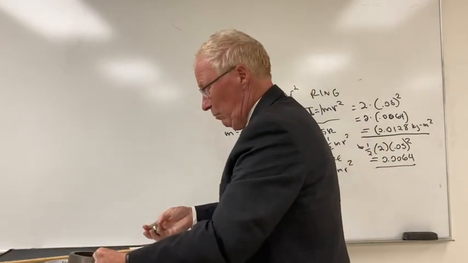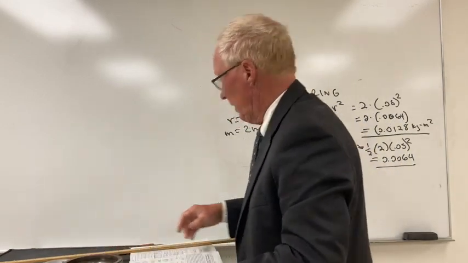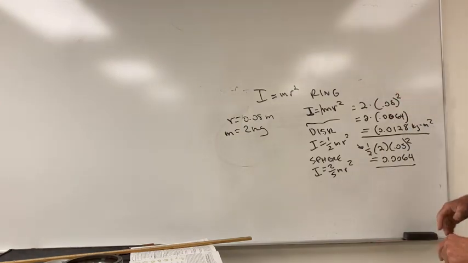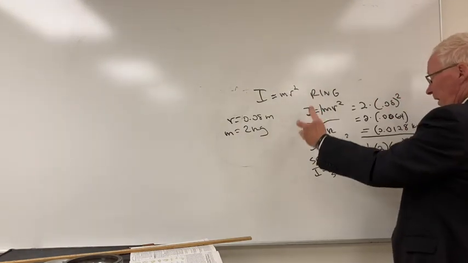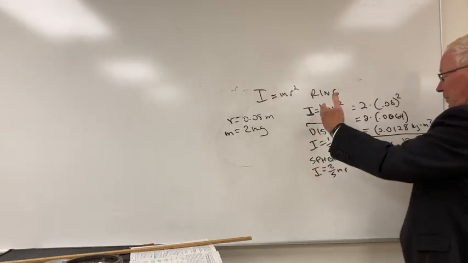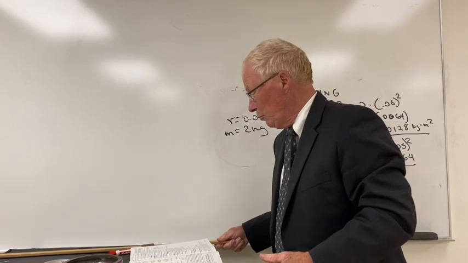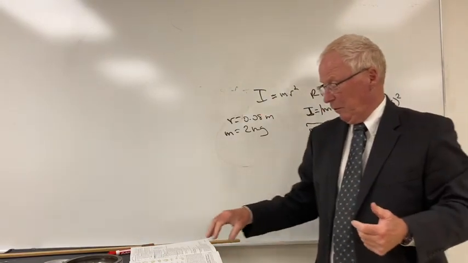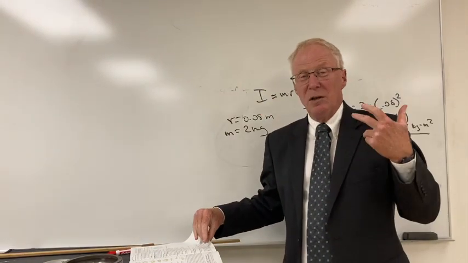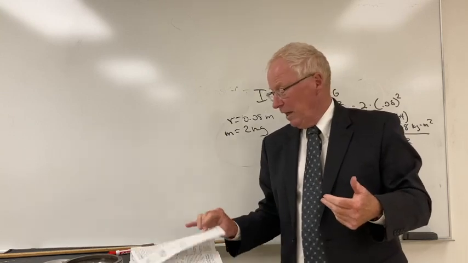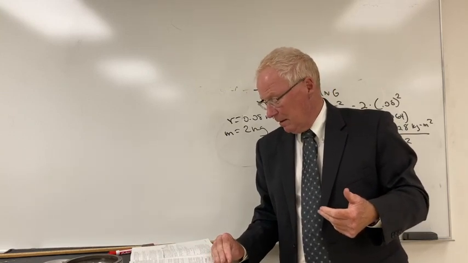So this is all related to the concept of moment of inertia. They all have the same mass, but because of the shape, the rotational force will be different for each of these. So look that up, look at the video, and compare there.